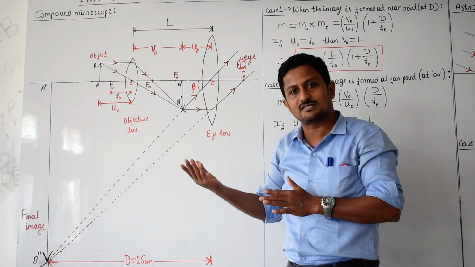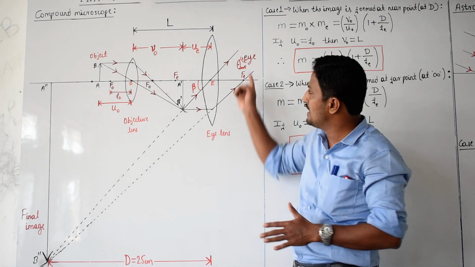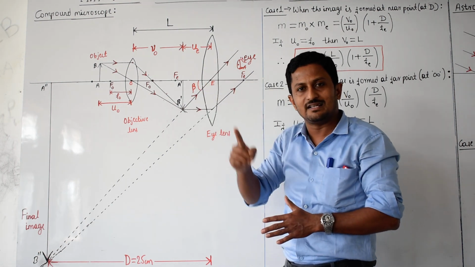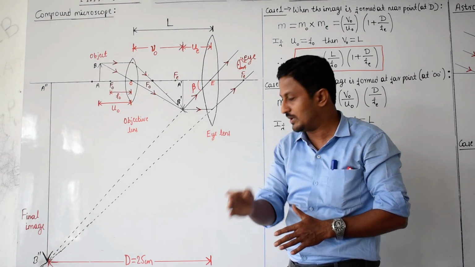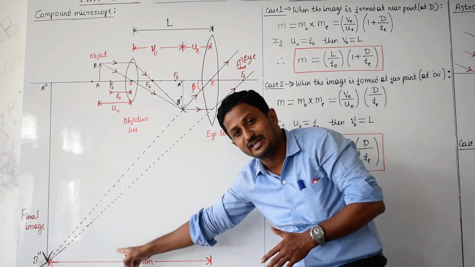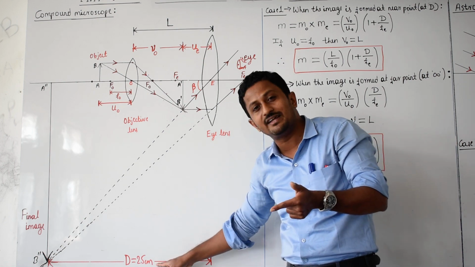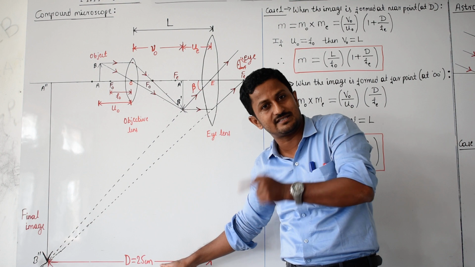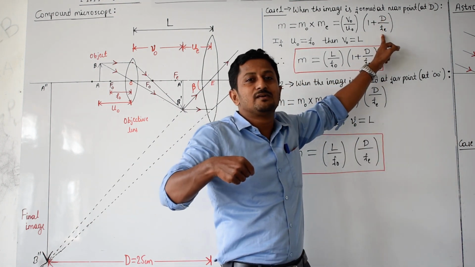In the previous class, we discussed the magnifying power of a single lens, I mean the magnifying power of a simple microscope when the final image is produced at the D point. That we already derived in the previous class. That is 1 plus D by its focal length.